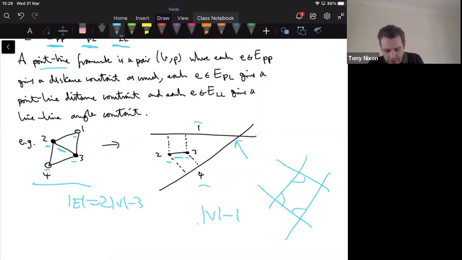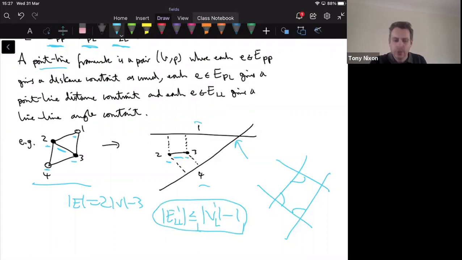So you need to be a forest on the lines. So E_LL should be at most V_L for any subset of your graph on the lines. This gives you a second count to incorporate with the usual one, and this is where some of the complication comes from, at least.